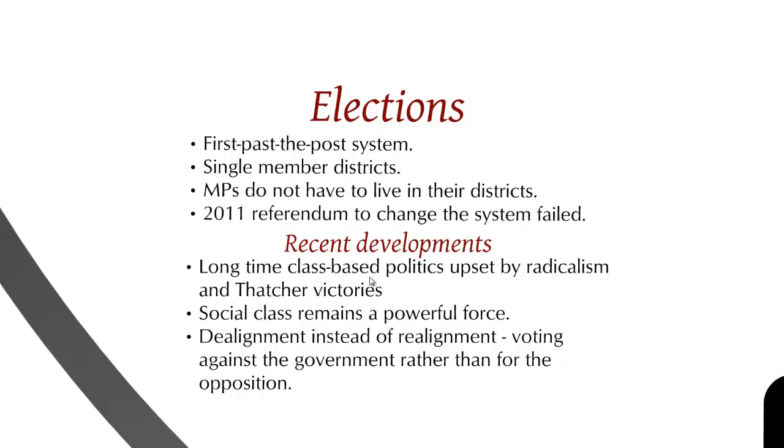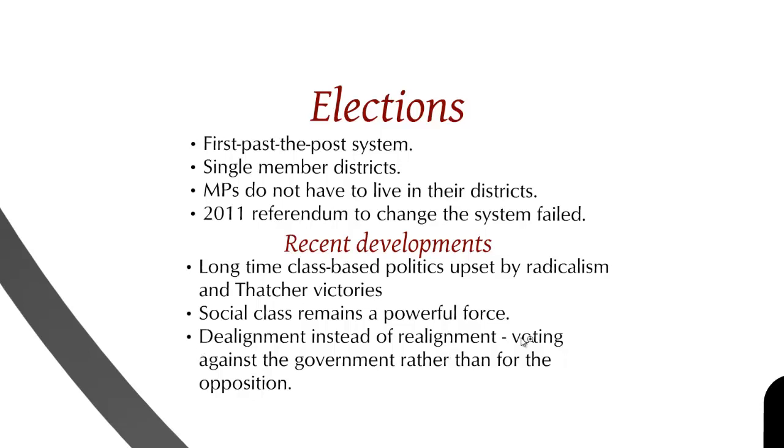In terms of voter preferences, the United Kingdom has long been a political culture very much informed by class-based politics, but the start of the Thatcher government kind of offset that. So social class remains a powerful force, but now social scientists talk more about de-alignment instead of realignment.